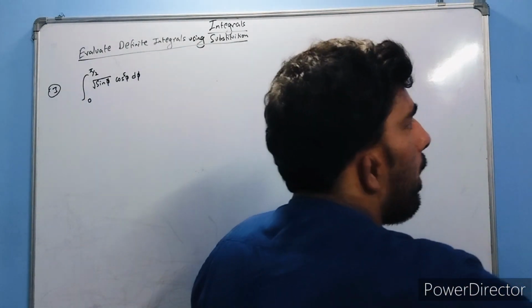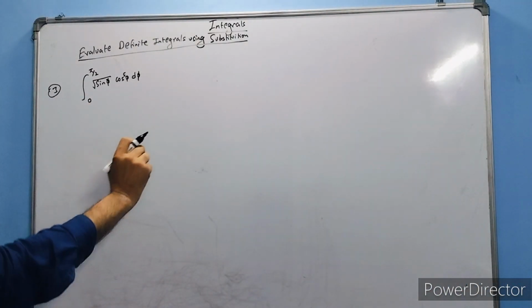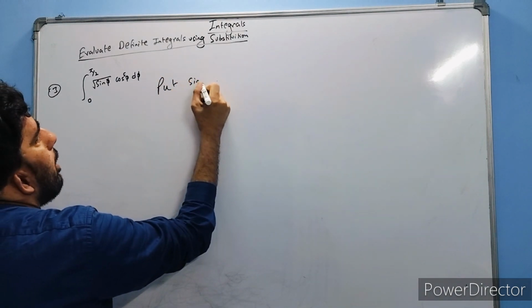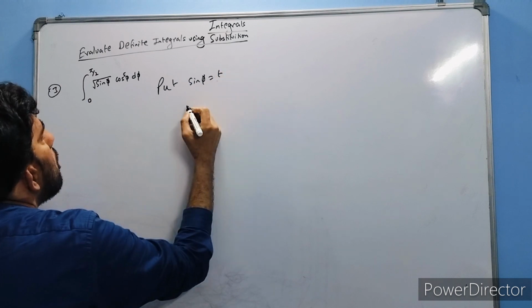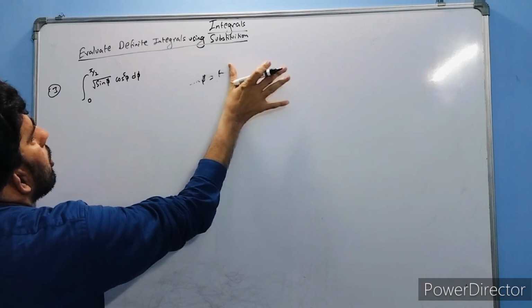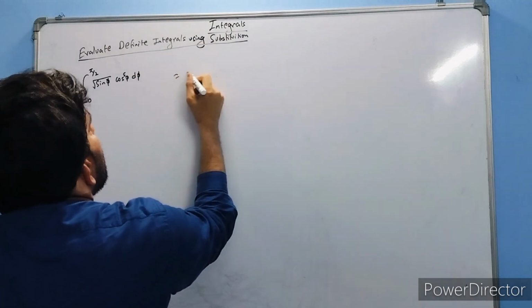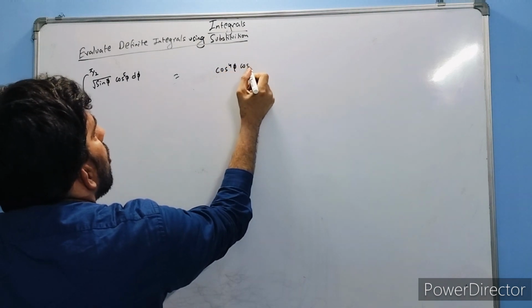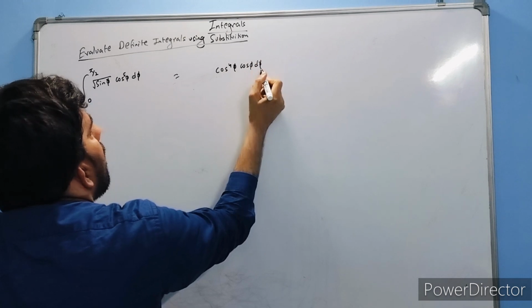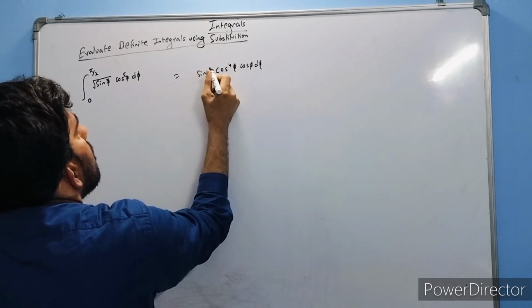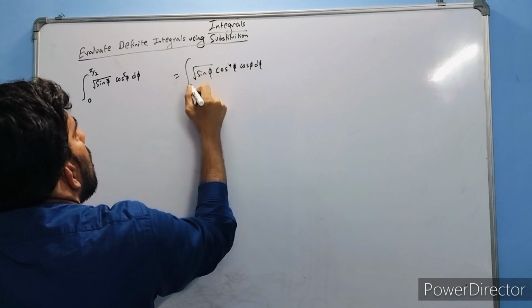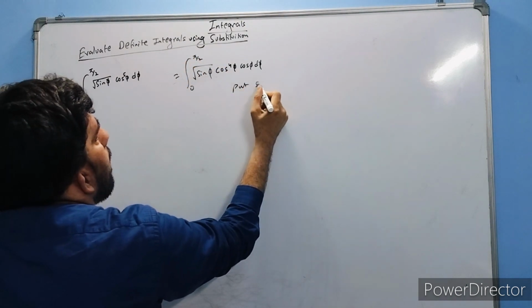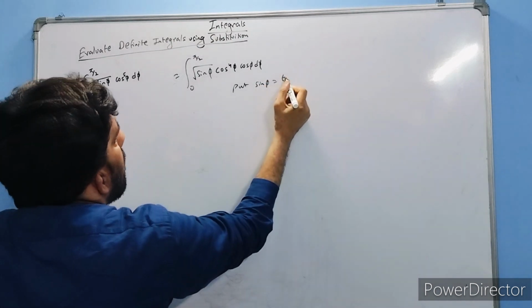And for this type of integral, what we can do here is put sin phi is equal to t, but before that we can write cos 4 phi as cos 4 phi and cos phi d phi, and here I have sin phi, from 0 to pi by 2. Now put sin phi is equal to t.